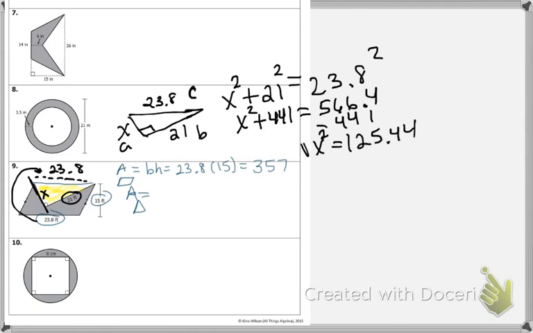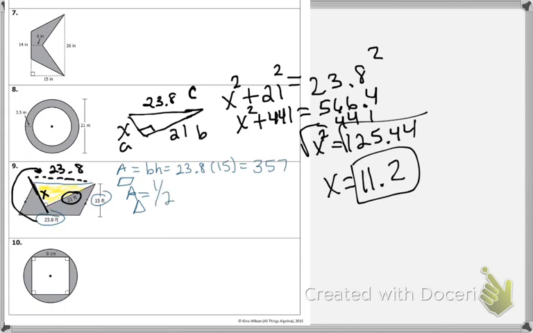We want to get rid of the power of 2, so we square root both sides. And my result for x is 11.2. I now have the information for this area, which is base times height.